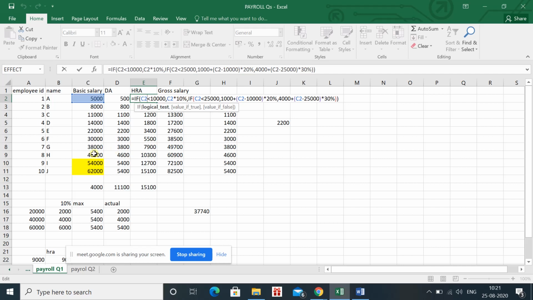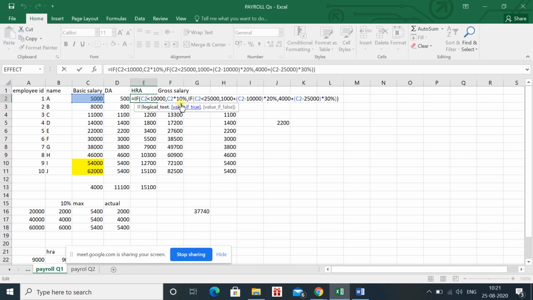But what about the other basic salaries where the value is greater than 10,000? In that case, I want that if the situation is fulfilled, meaning the basic salary is less than 10,000, then please calculate the 10%.